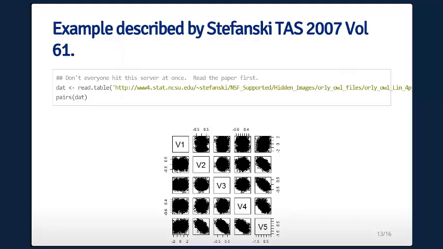So here's the data. I grab it from his server, and don't everyone hit his server. Instead, read the paper first, and then pairs just does all pairwise scatter plots. All right, so here's all the variables, and you obviously don't see very much in the pairs plot. In this case, there's a ton of overplotting.